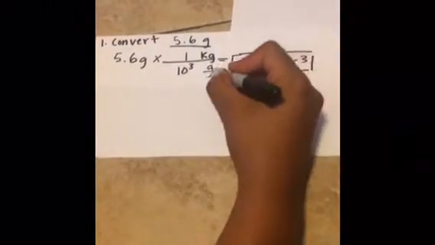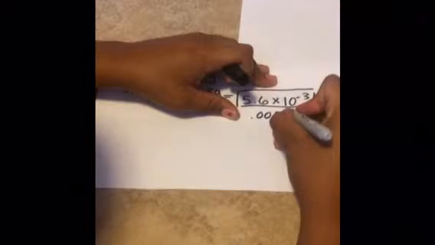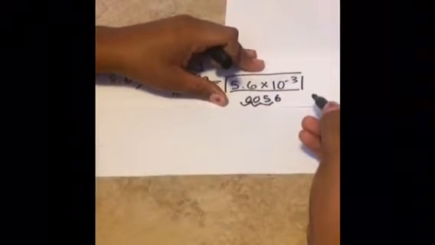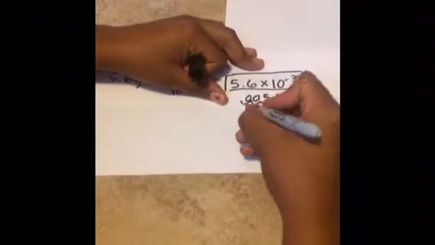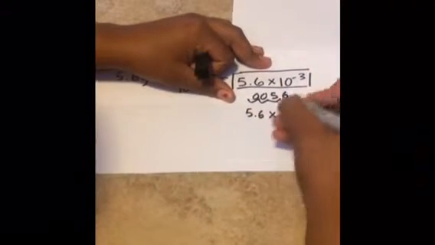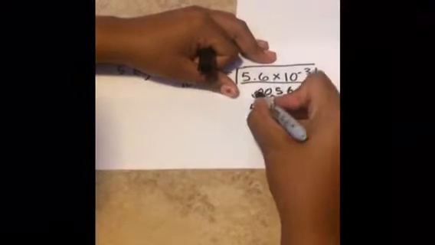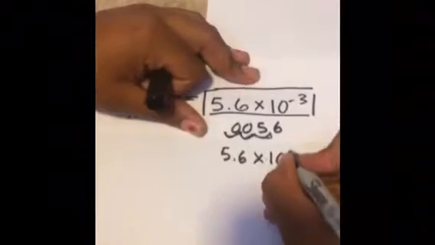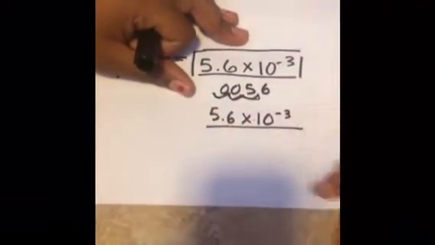So your answer should have been 0.0056, and you go 1, 2, 3. Since it's on the right side of the decimal, that's automatically a negative. So you get 5.6 times 10, and it took you 1, 2, 3 spaces to get after the 5. So you got -3, and that's your answer.